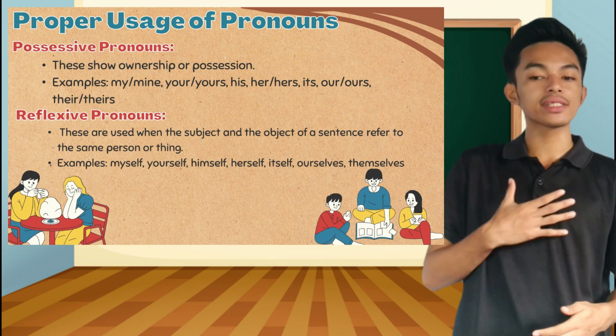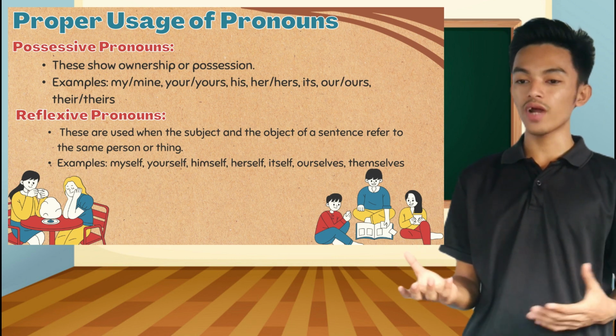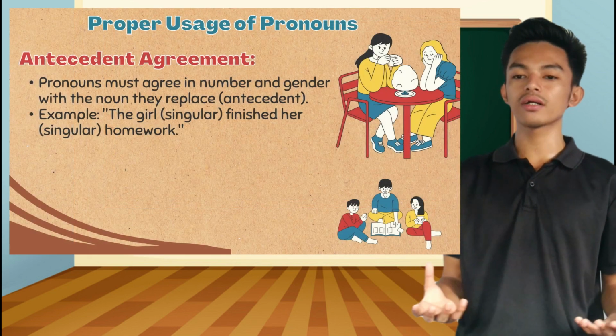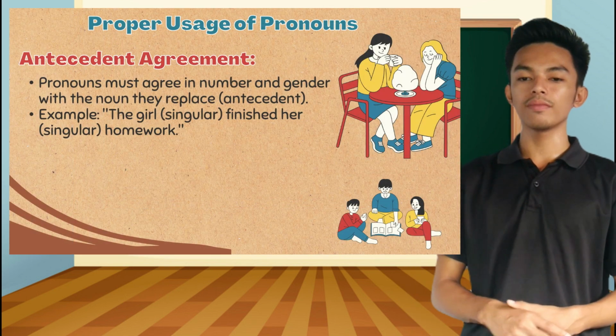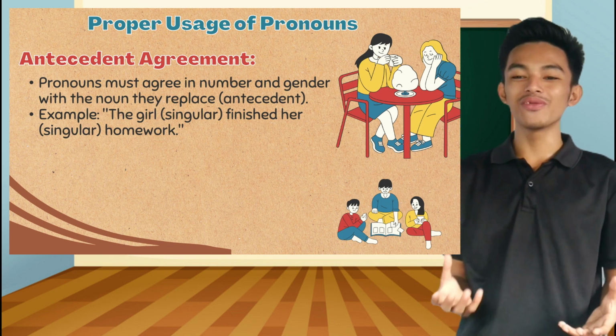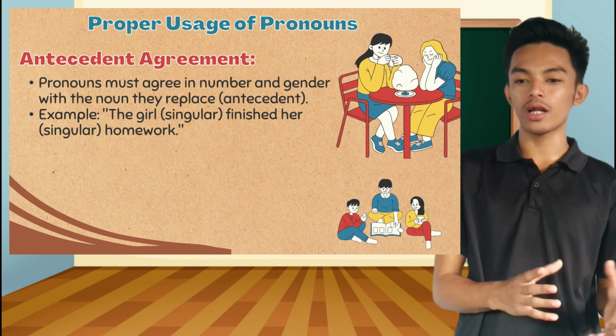For example, myself, yourself, himself, herself, itself, ourselves, or themselves. The last one is the antecedent agreement. Pronouns must agree in number and gender with the noun they replace. For example, the girl, which is singular, finished her homework. And those are the proper usage of pronoun.